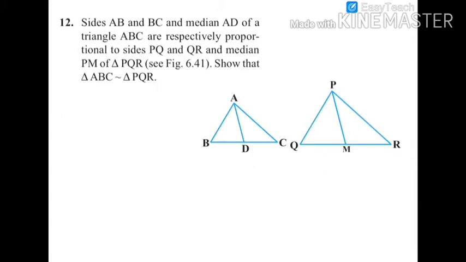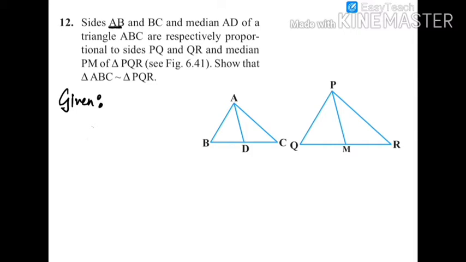Question number 12. Sides AB and BC and median AD of triangle ABC are respectively proportional to sides PQ, QR and median PM of triangle PQR. So this information that is given in words in the question needs to be written in mathematical form.